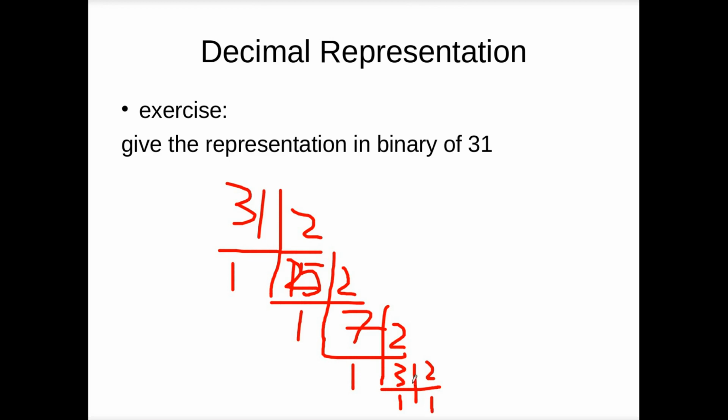So 31 should be 1, 1, 1, 1, 1. The highest place is 16, so 15 plus 16 is 31. This is from base 10 to base 2.